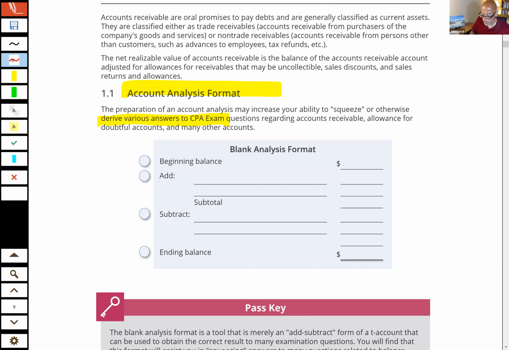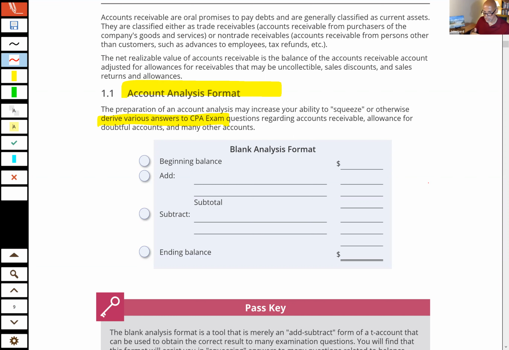God made T accounts to tell you what the ending balance was in any particular account. On the CPA exam, they don't always ask you the ending balance. They'll ask you what were the adds to the account, what were the sales for the period, what were the collections for the period.